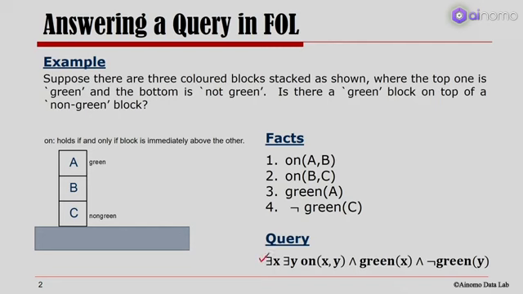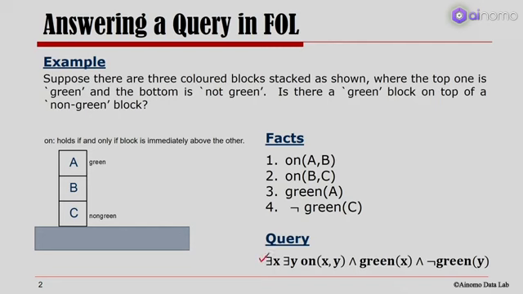Now given these predicates and the scenario shown here, where I have a green block at the top, a block B whose color, green or not green, is not known, and a block C which is non-green, is there a process to confirm that there is a green block on top of a non-green block?